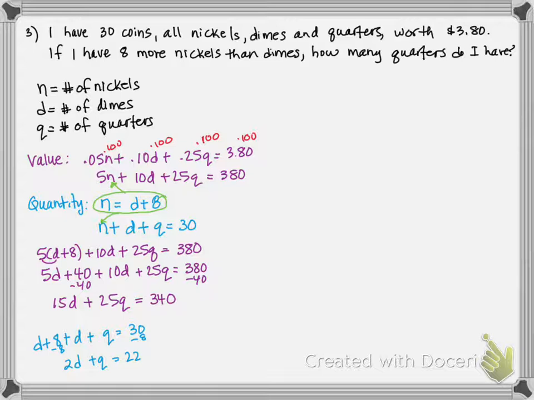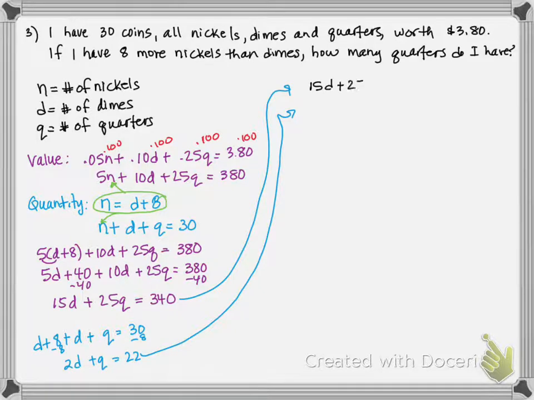Now I'm going to take both of those equations and form my system over here. So I've got 15D plus 25Q equals 340, and then 2D plus Q equals 22.